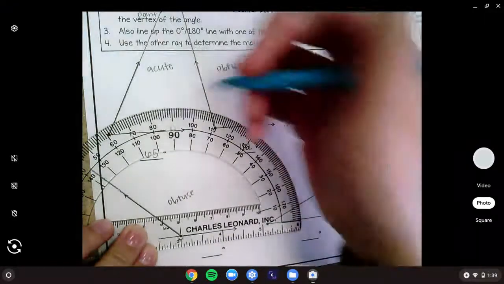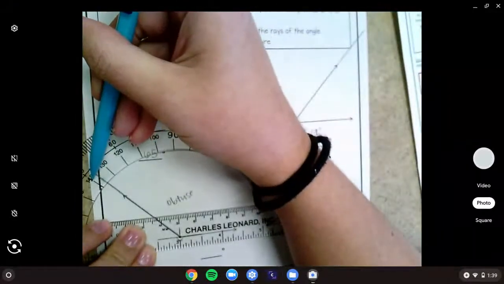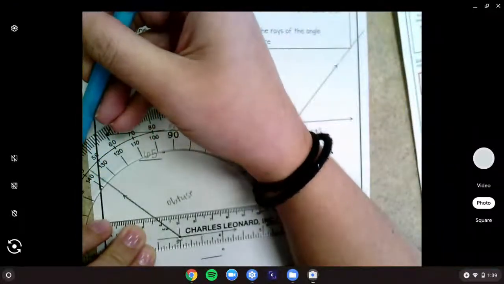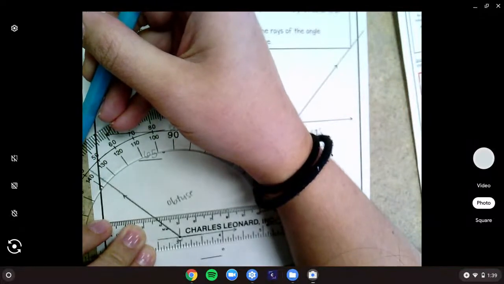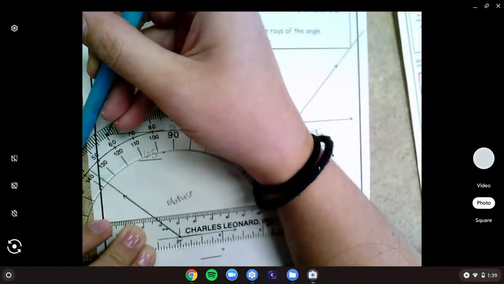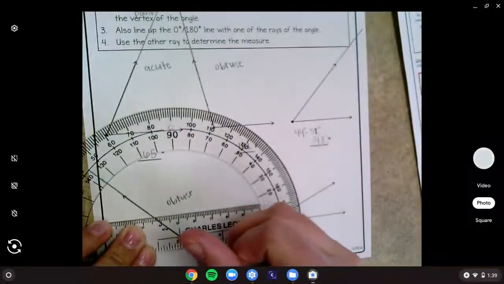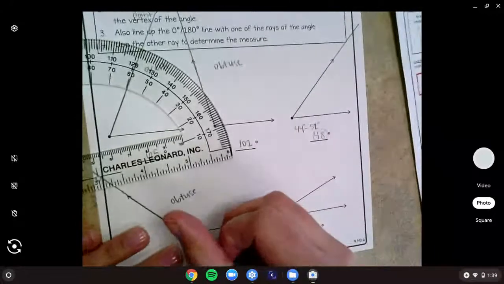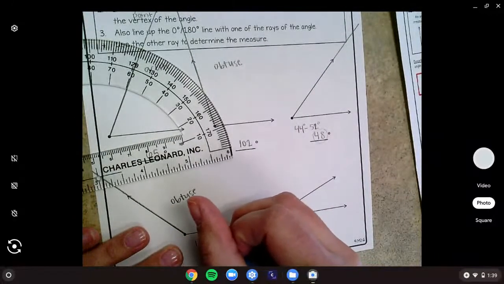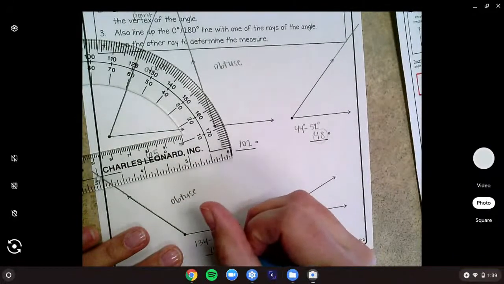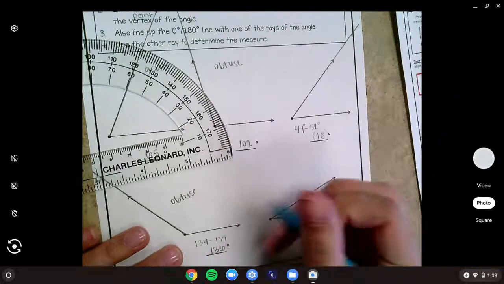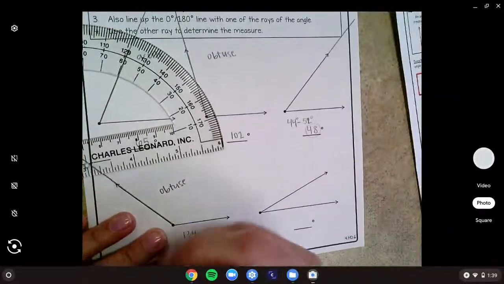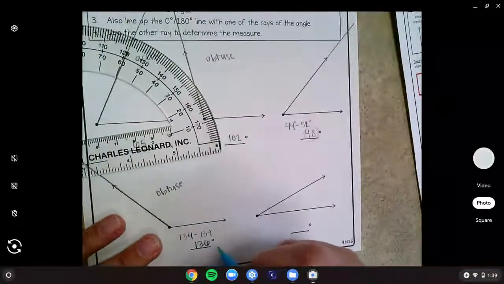All right, I follow it, and I see it's not quite to 140, so I count backwards then. 139, 138, 137. It looks to me to be at 136. But if you got anything from 134 through 139, I would accept for this one. Close to it, as close as you can.